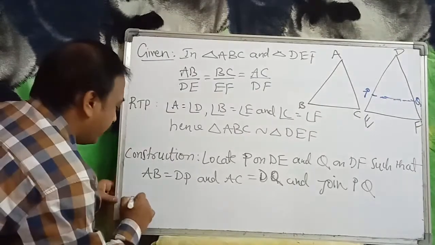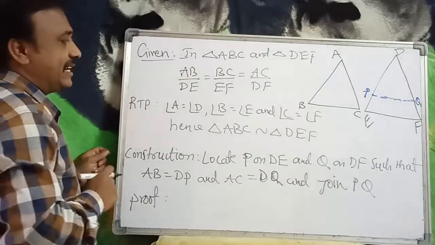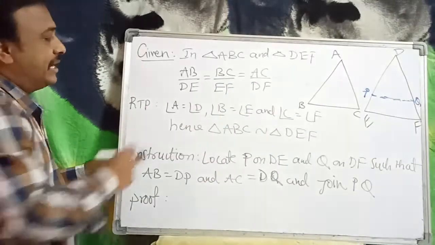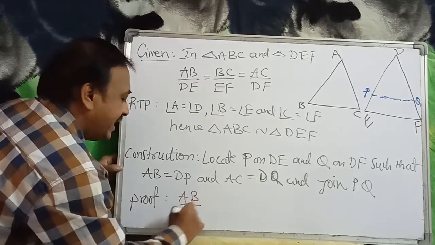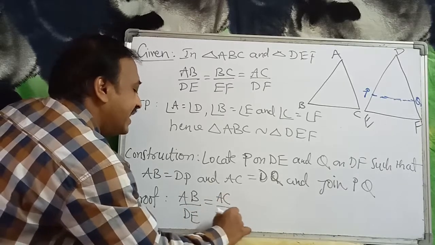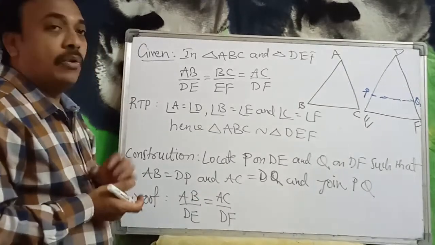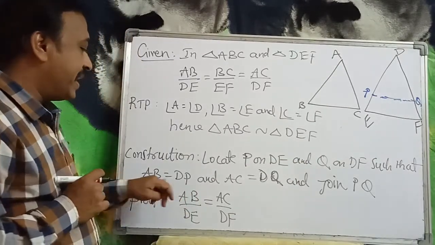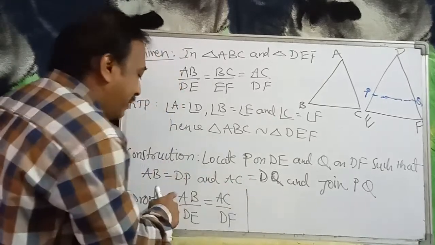Proof. What is given exactly here? AB by DE is equal to AC by DF. But according to our construction, AB is equal to DP and AC is equal to DQ. Here we are substituting.